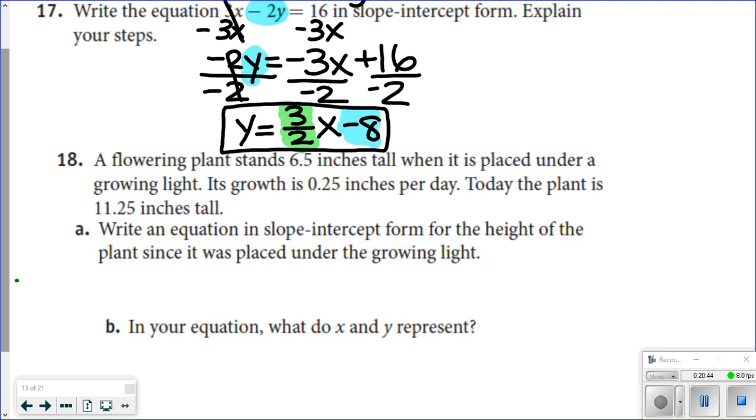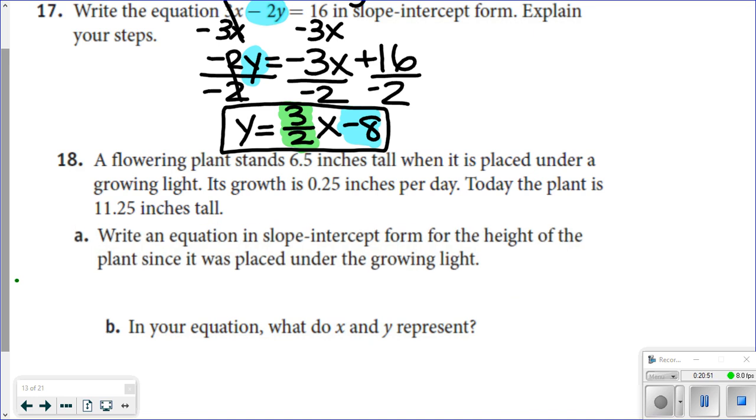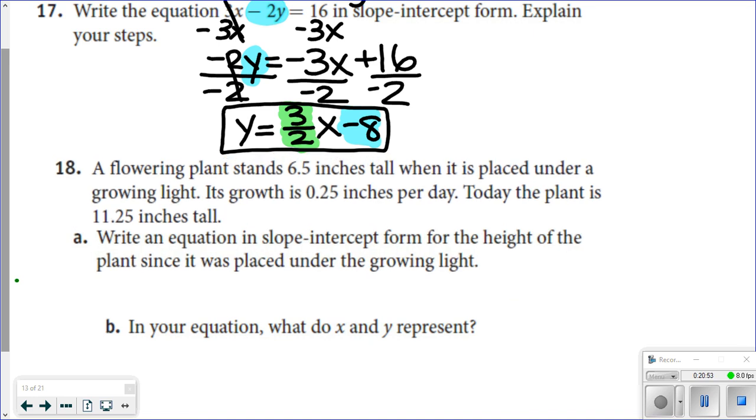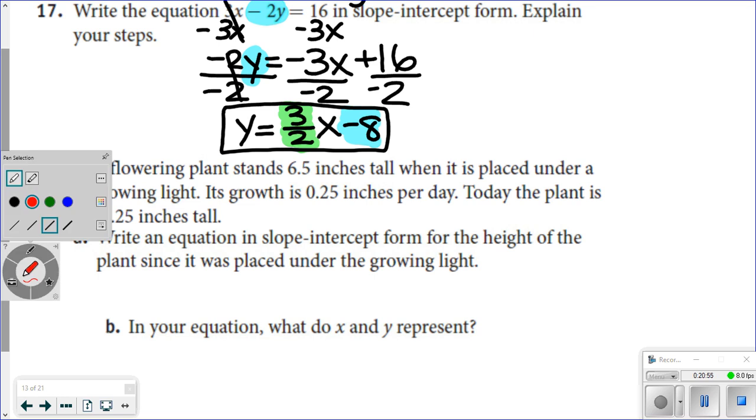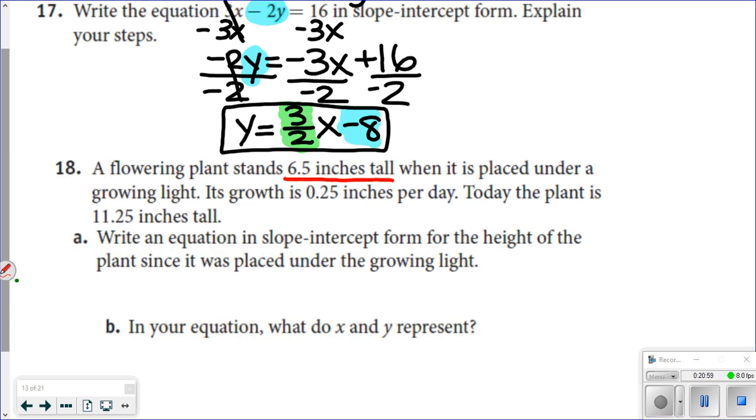All right, question 18. A flowering plant stands 6.5 inches tall when it's placed under a growing light. Its growth is 0.25 inches per day.